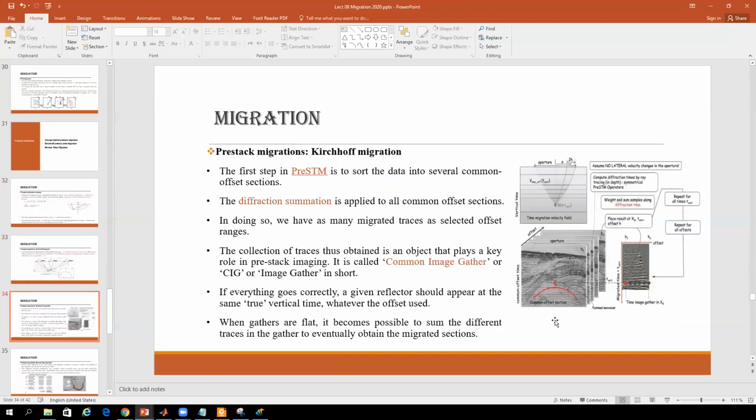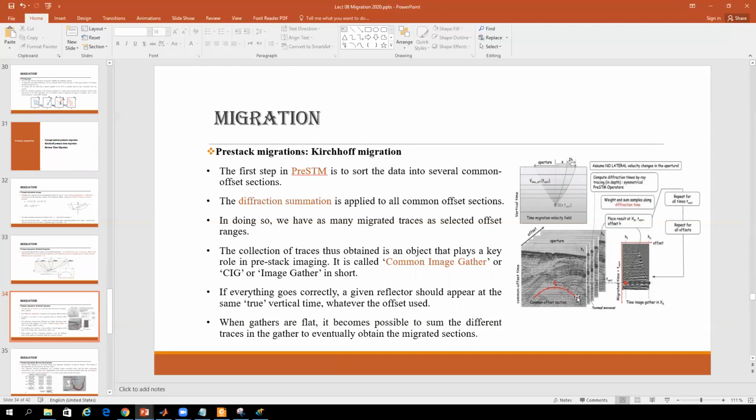So how do we do the pre-stack migration or the Kirchhoff pre-stack migration? Usually we separate the data into constant offsets, and at every offset we try to collapse the diffraction curves and bring them all to a point.